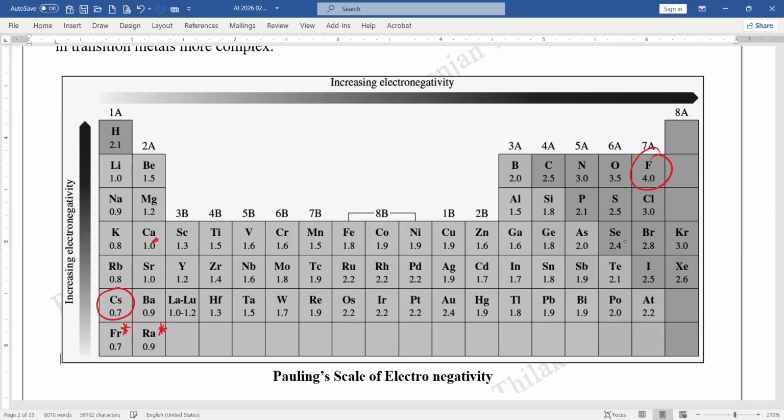And remember that bismuth, atomic number 83, is the element with the highest atomic number which has at least one stable, non-radioactive isotope.